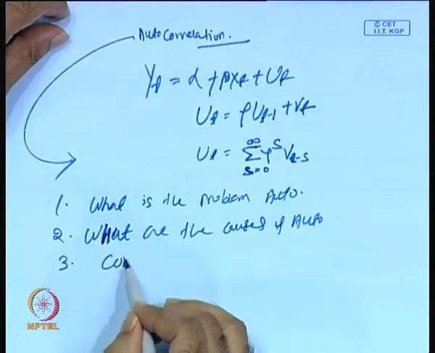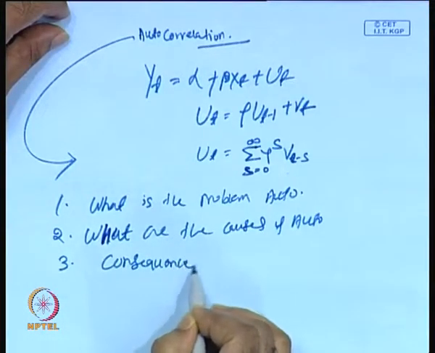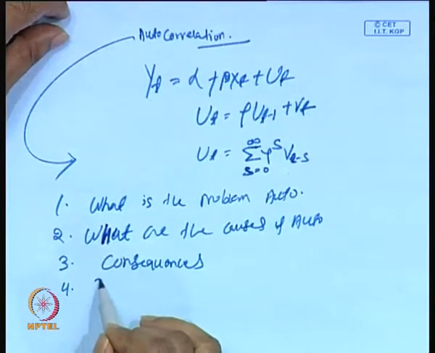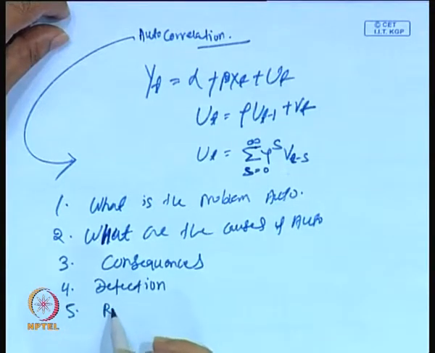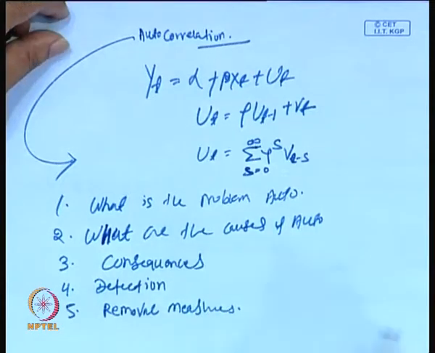Third, consequences. Fourth, detection. Then fifth, removal measures. So altogether five components we are going to discuss. What is the basic framework of autocorrelation, what are the causes, why autocorrelation happens, then what are the consequences, then detection criteria, then the procedural measures.